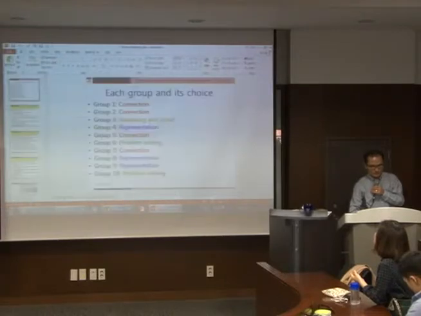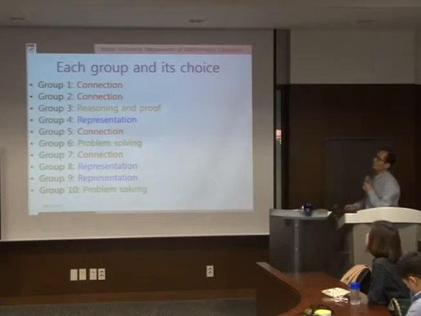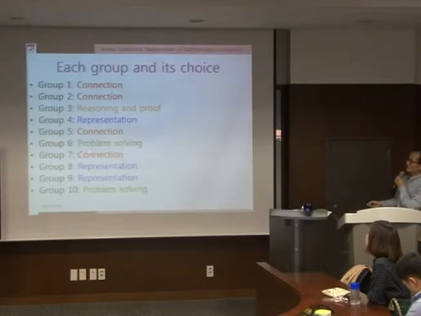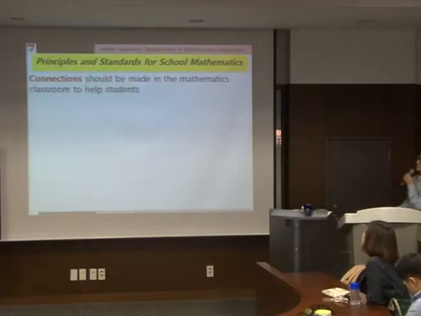So as I said, I'm going to move to problem solving because, as you can see, two groups, group 6 and group 10, worked on problem solving. And then finally, I'm going to review reasoning and proof, worked by group 3. Oops, nice connection.